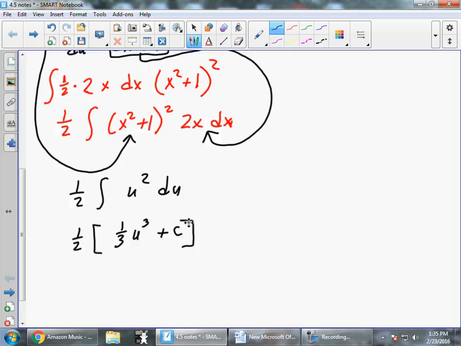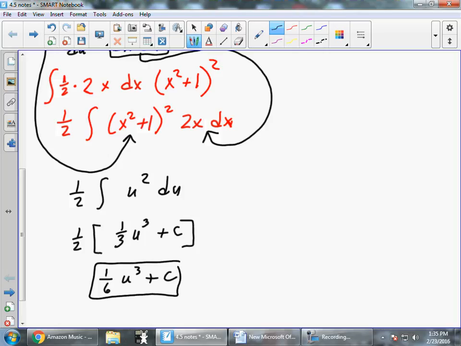Okay, one more step and we're done. Milo, you're almost done. You've done great so far. Distribute the 1/2 gives us what? 1/6 u cubed plus c. Boom.